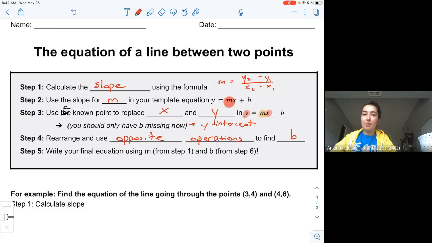And finally, for step number 5, you're going to write your final equation using m that we had found from step number 1, and b that we found from step 4.